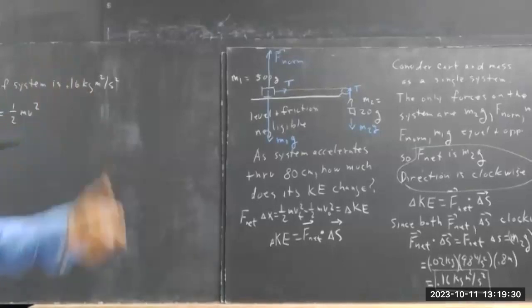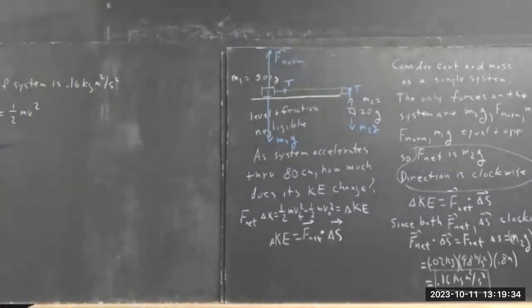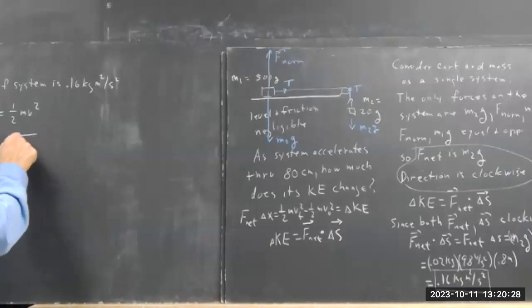We'll solve that equation for velocity, see what you get. This is very easily solved. We get V equals the square root of twice the kinetic energy divided by the mass.